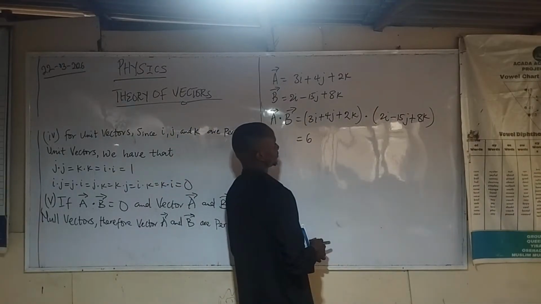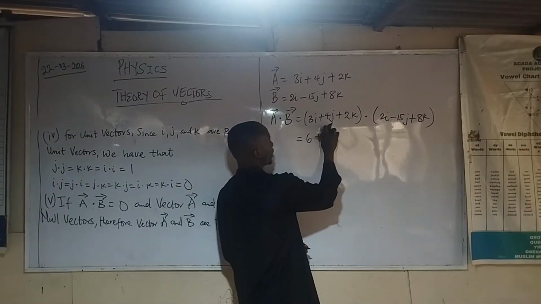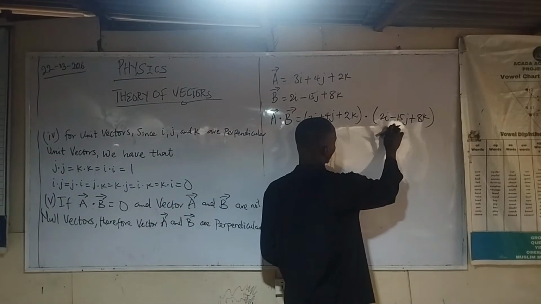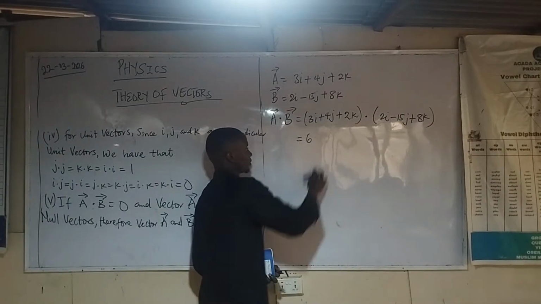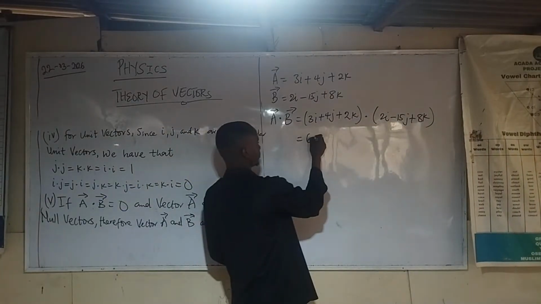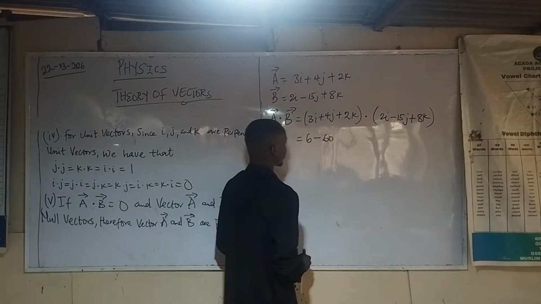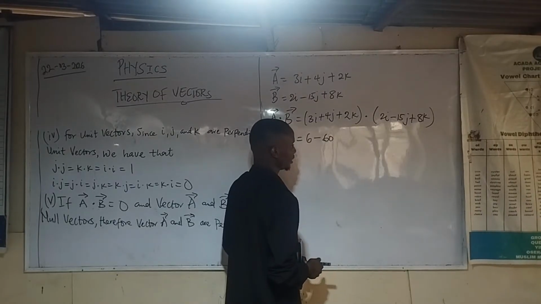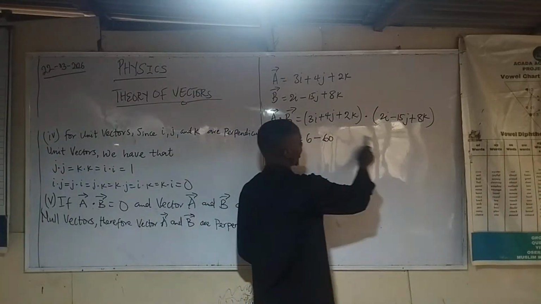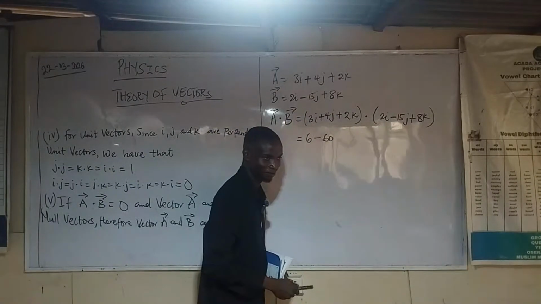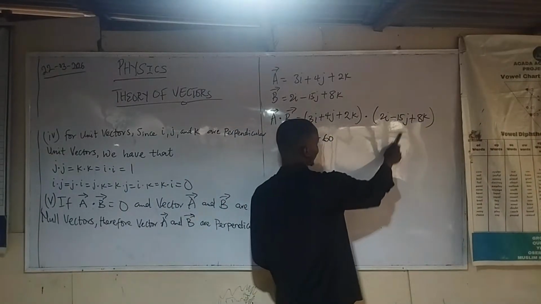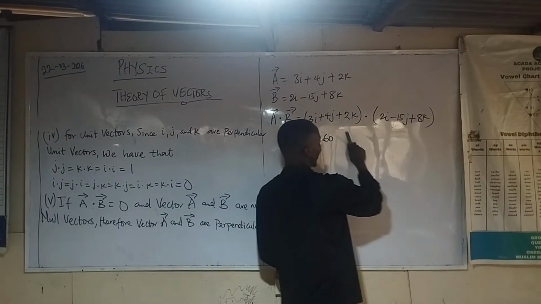On to the next. 4j times 2i. 4j times minus 15j, minus 60. 4j times 8k. 2k times 2i. 2k times minus 15j. 2k times 8k.